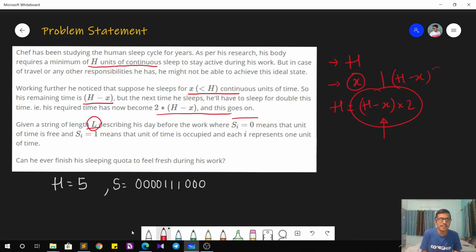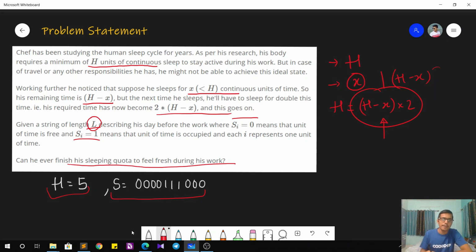And if S_i is 1, it means the unit of time is occupied, that is, he has to do some work. So, given this data, the initial value of H and the string S, we have to tell whether Chef can ever finish his sleeping quota to feel fresh on the next day.